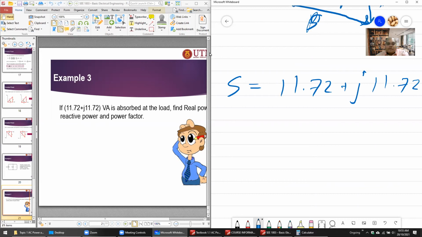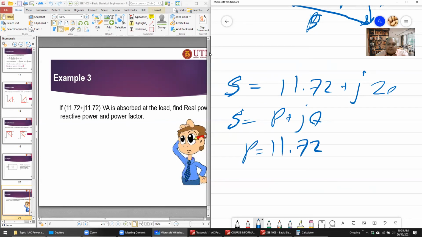This one has the same value, which is harder, maybe I use 20. Remember S is the complex one, bold, P plus JQ. So P is equal to 11.72 watt, Q is equal to 20. Remember to remove the J. If this one is negative, make sure you put negative. So you have P and Q.